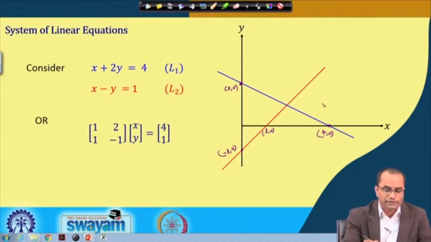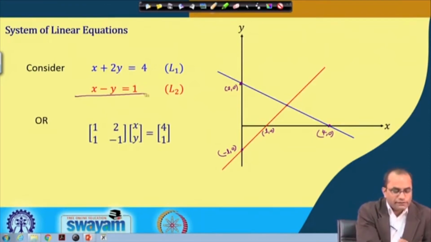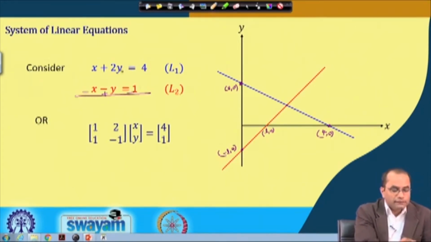Now, as we see in this picture, they intersect at some point here. So, let us compute the point of this intersection. If we subtract equation number 2 from equation number 1, the x will get cancelled, and we will get 2y is equal to 3, which gives y equal to 1.5.